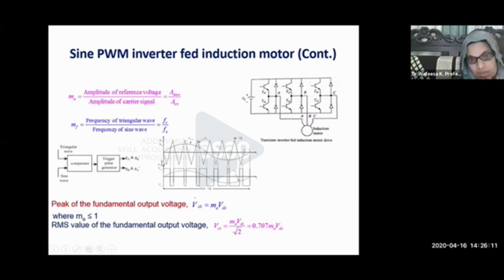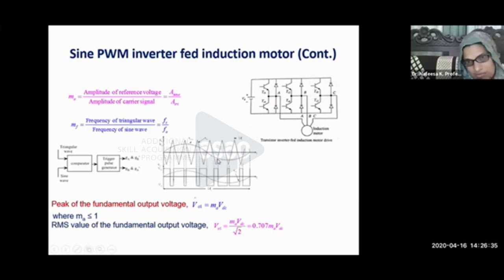So at that time, we will get a positive pulse, plus VDC. And from this point to this point, the control wave, or the sinusoidal wave, is less than the triangular wave, so we will get a minus VDC pulse. In this way, you will get all the pulses.